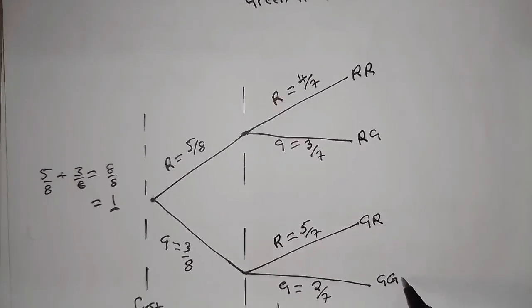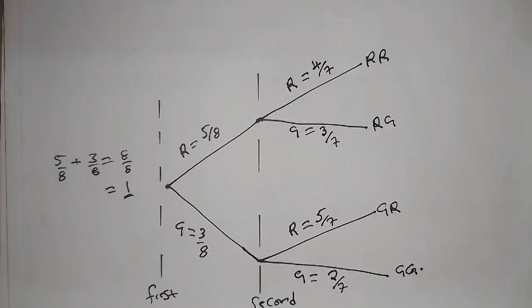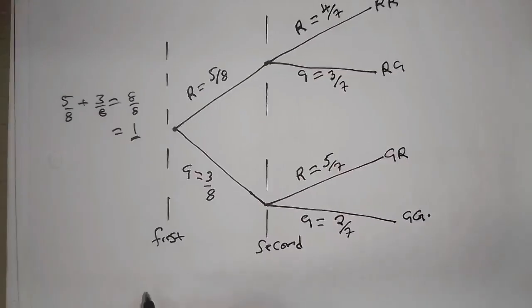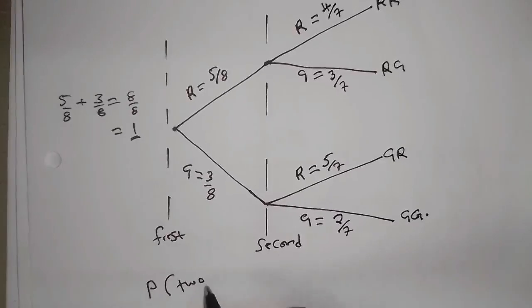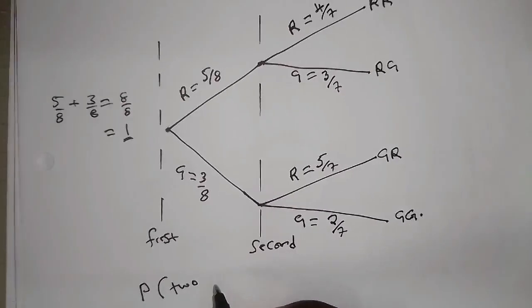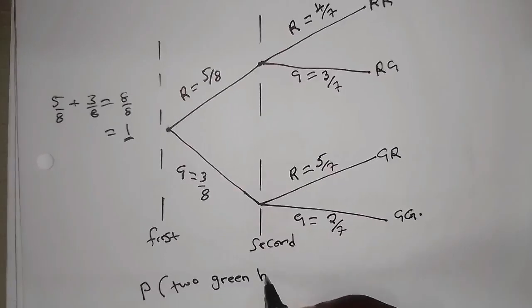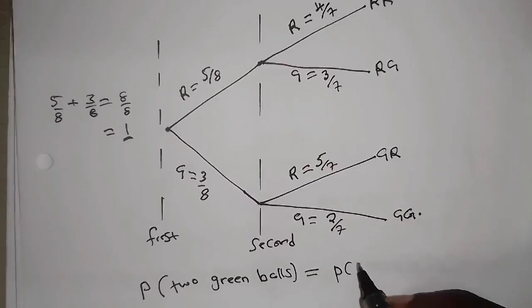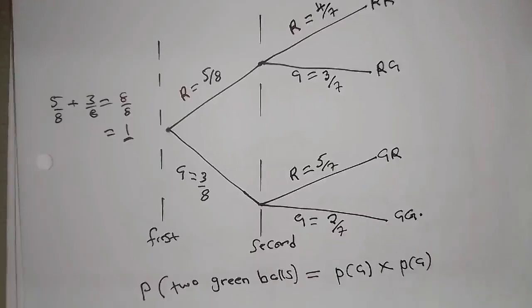The probability that we have selected 2 green balls is the probability of this green multiplied by the probability of the other green.